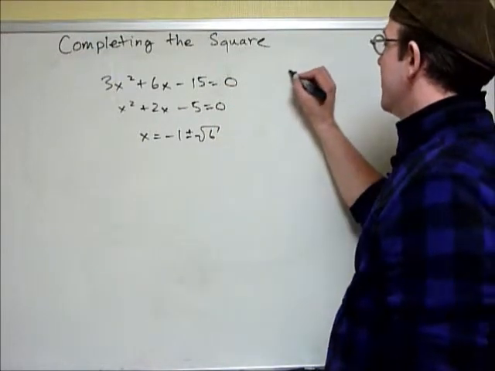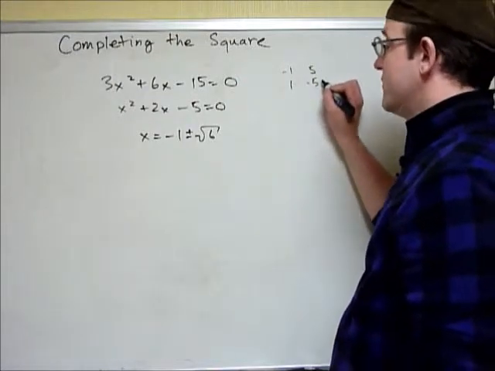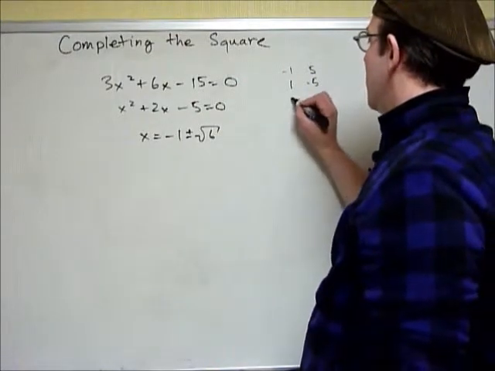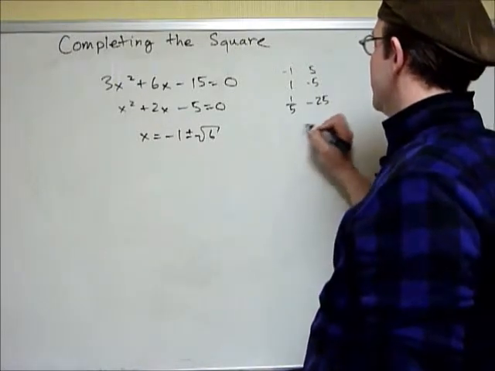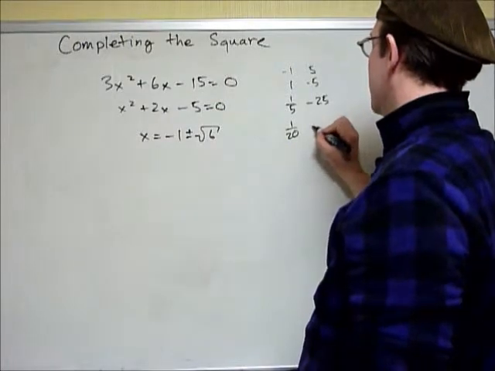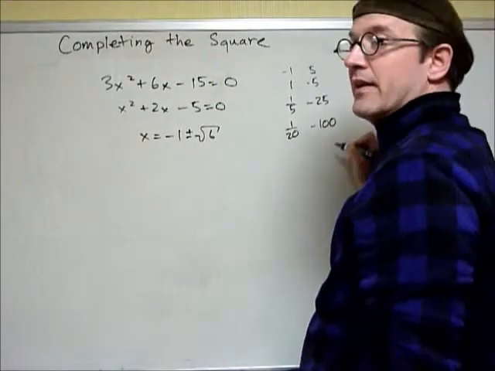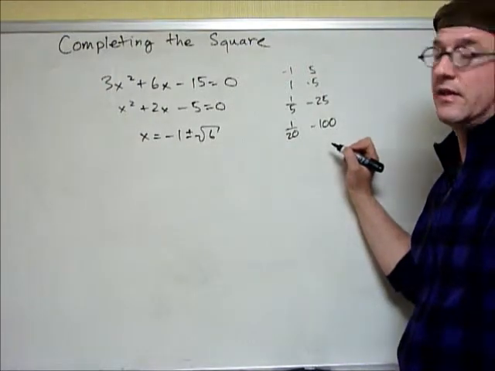You just have -1 and 5 and 1 and -5 as integers. But you also have 1/5 and -25 and 1/20 and -100. There are an infinite number of factors if you include non-integers.